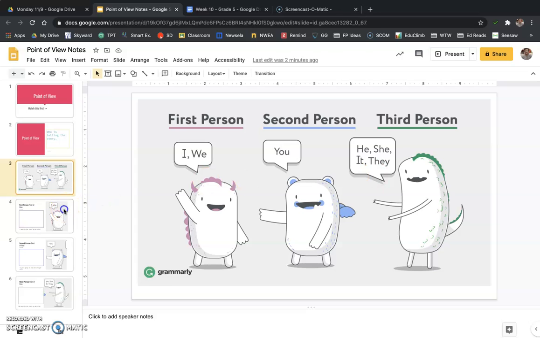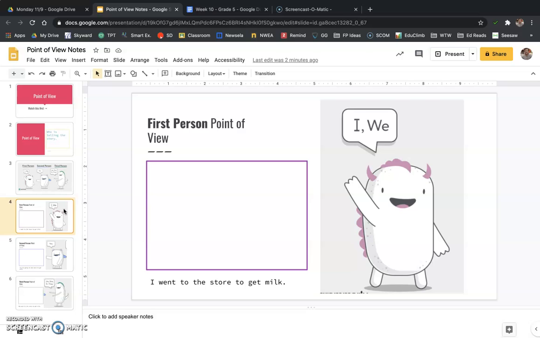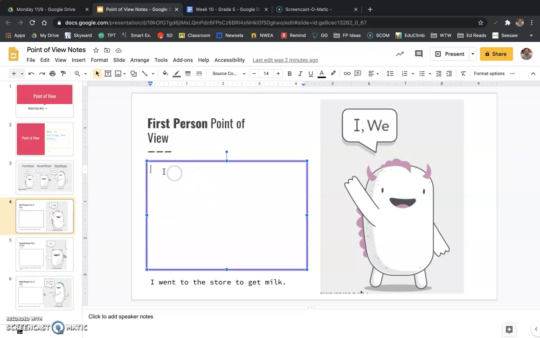So first is first person point of view. First person point of view is when the narrator is telling the story and is in the story.